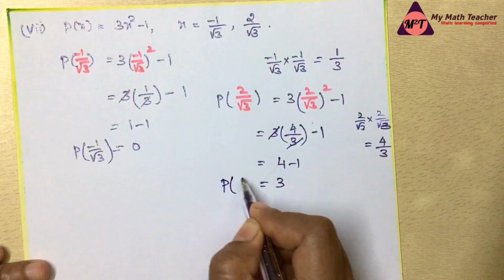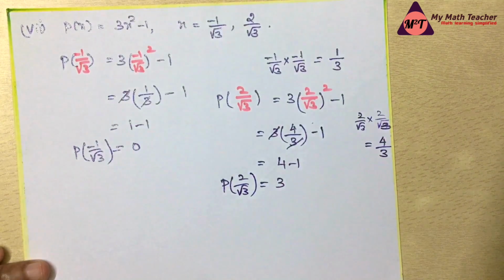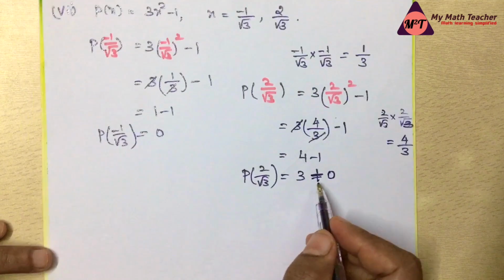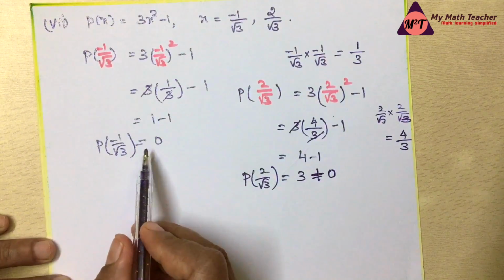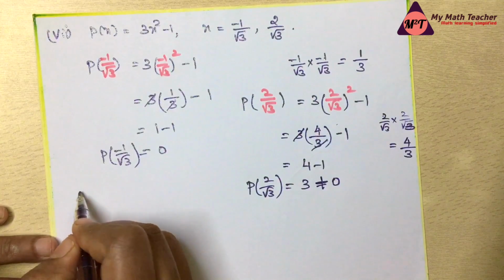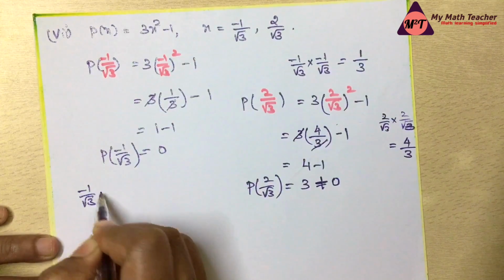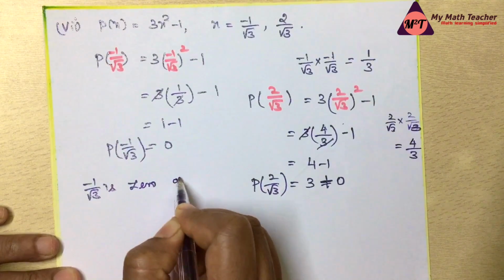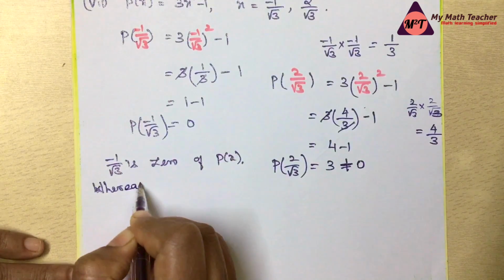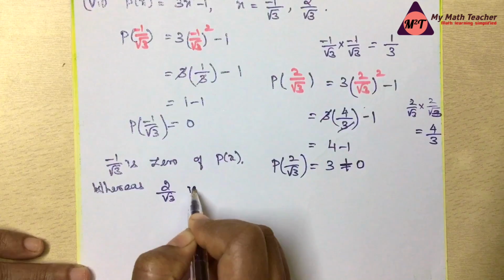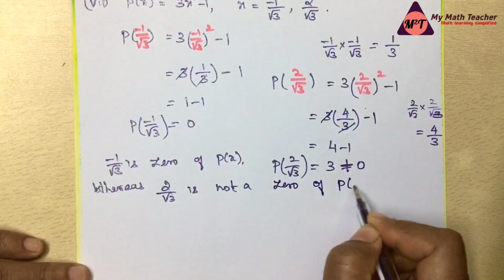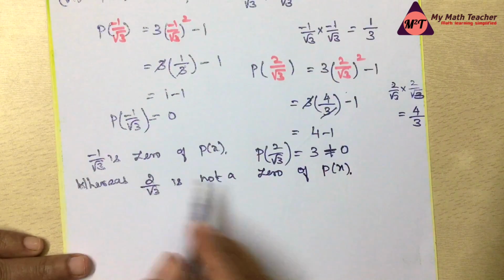Now P of 2 by root 3 gives us the value as 3. Now 3 is not equal to 0. Now this is not a 0 of the polynomial, whereas the first one is definitely a 0 of the polynomial. So we can write like this: minus 1 by root 3 is 0 of P of x, whereas 2 by root 3 is not a 0 of P of x. This is how we can give our reason.